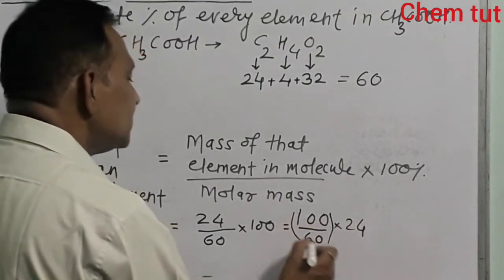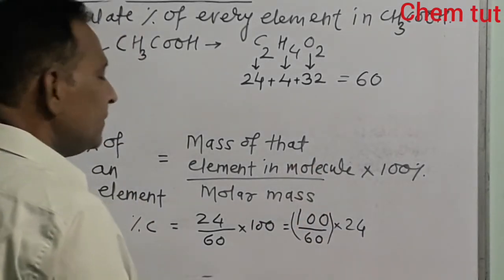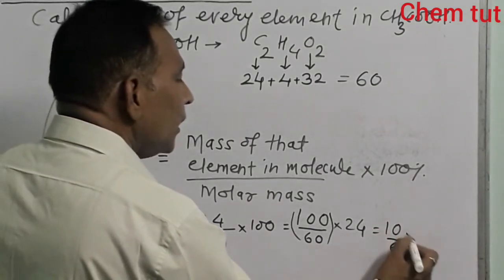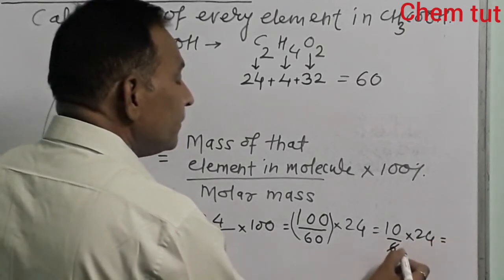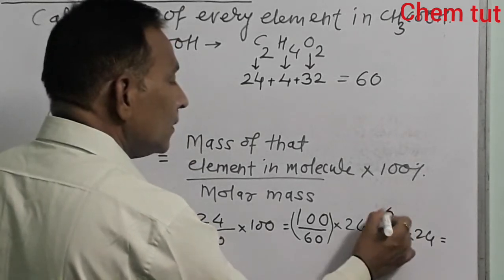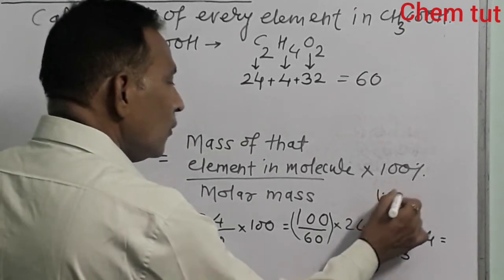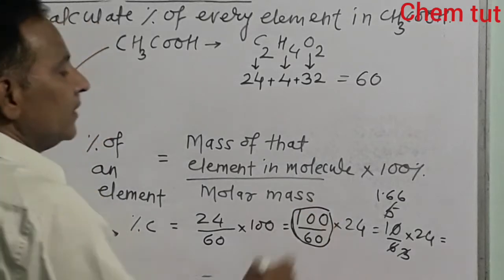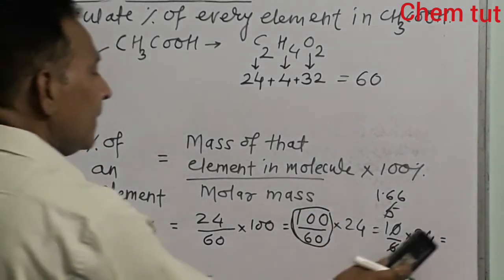So this 100 by 60 is 10 by 6, which is 5 by 3, 1.66. So this factor will be 1.66 common everywhere.